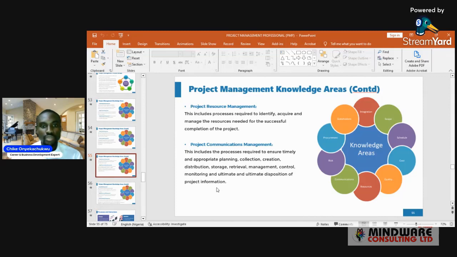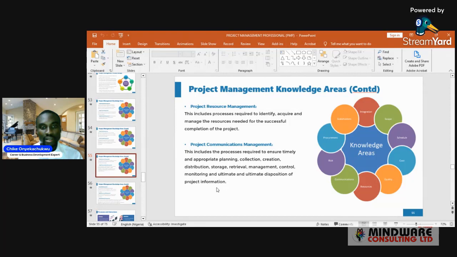All right, so project communication management has to do with how you manage the flow of information regarding your project among your stakeholders, among your team members, among the resources, the people that you have within the project, and even outside of the project.